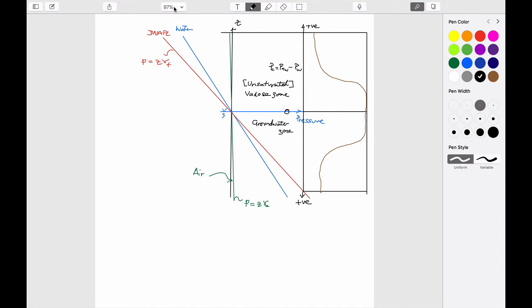Then in each of these, because the unit weight of air is 1,000th of that of water, this is basically almost on this axis. And if we look at the capillary pressure magnitudes, then that capillary pressure magnitude is going to be this.